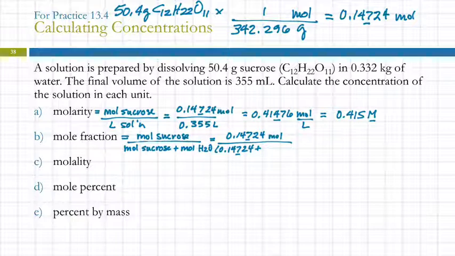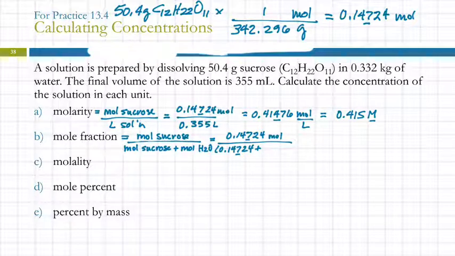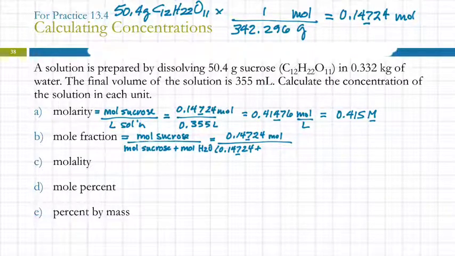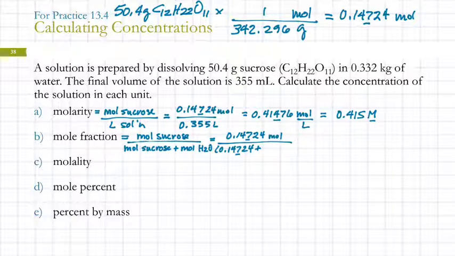Well, we've got kilograms of water. So the decorative blue line is going to go away. So we can do a calculation there instead. So I've got 0.332 kilograms of water.